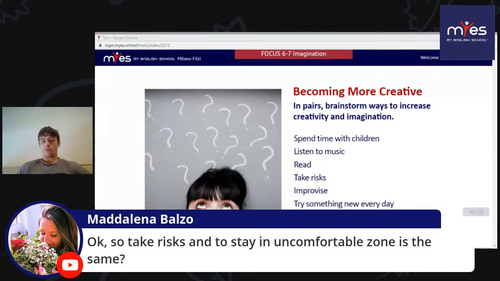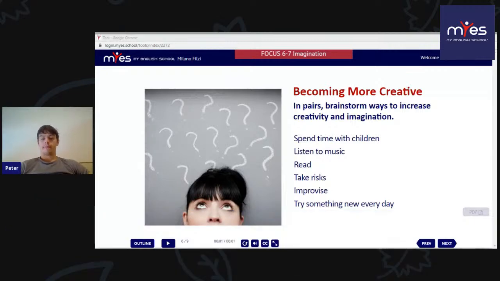So, for example, when you go to Las Vegas and you put €50 on red or €50 on black, you risk your money because you could win the money or you could lose the money. All right. A risk is something that could have positive effects or it could have negative effects.